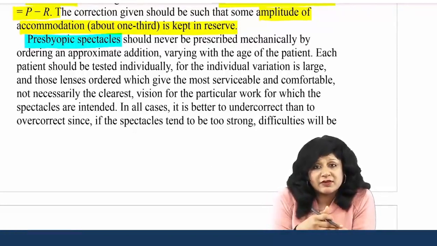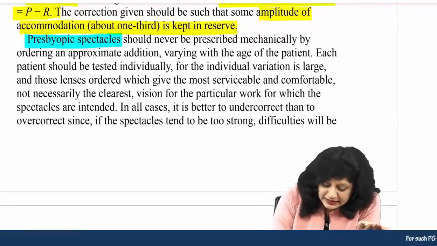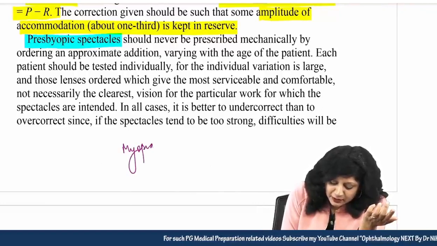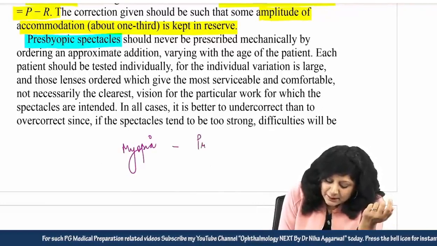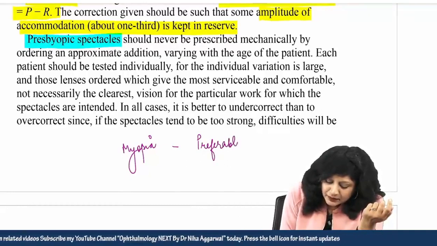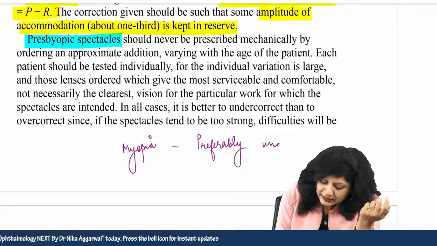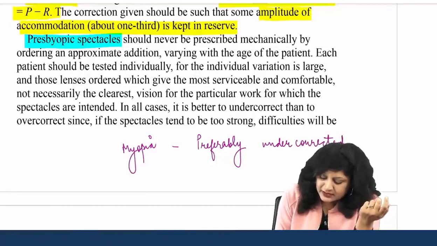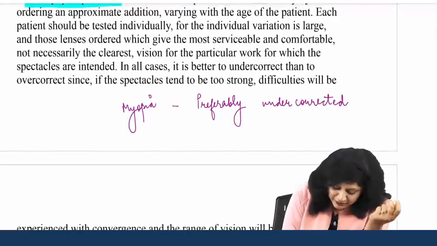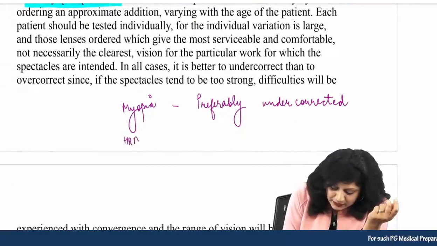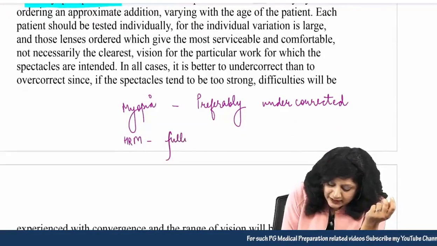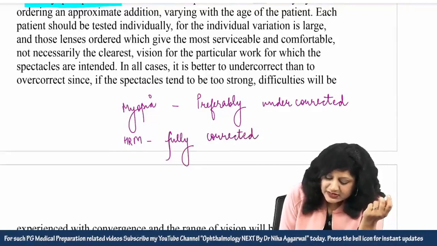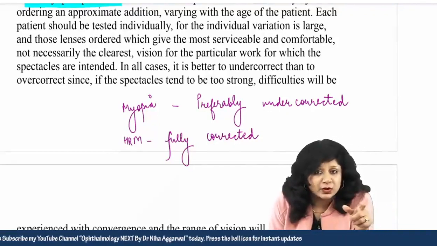Whenever you are giving a correction, always keep in mind that if the patient has myopia, it is preferably undercorrected. If the patient has hypermetropia, it is fully corrected. Whenever you are treating refractive errors, always keep these things in mind. They are very, very important dictums.